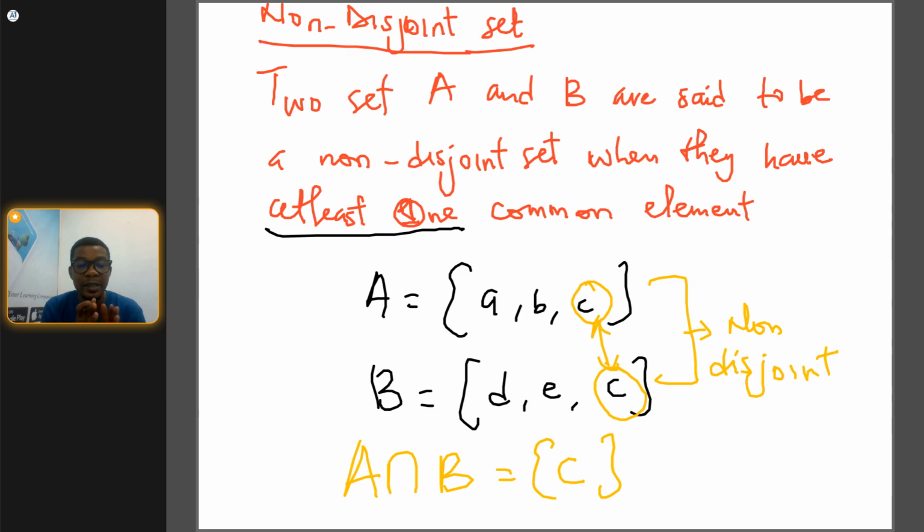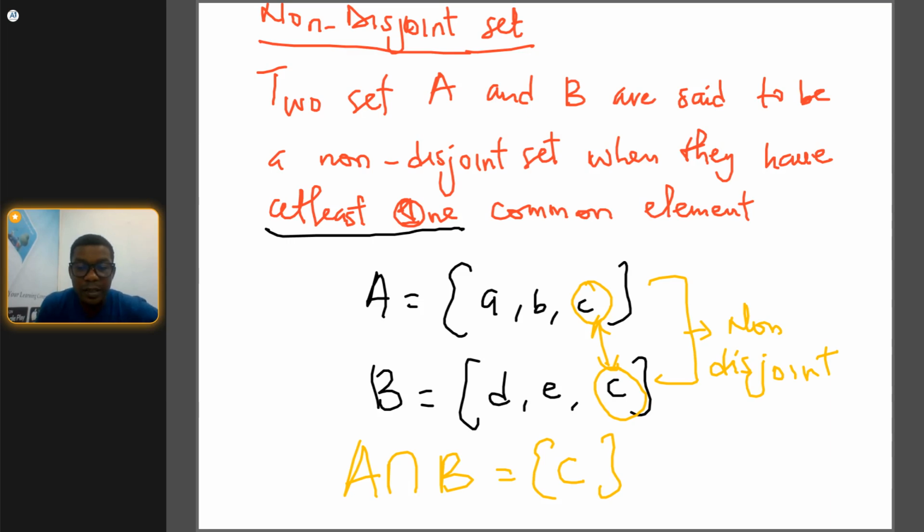So you can see that A intersection B will have C. But if it was disjoint, A intersection B will be an empty set. But in this case, we are going to have an element inside the curly brackets.